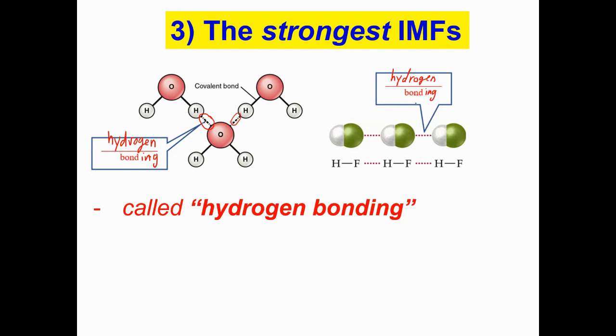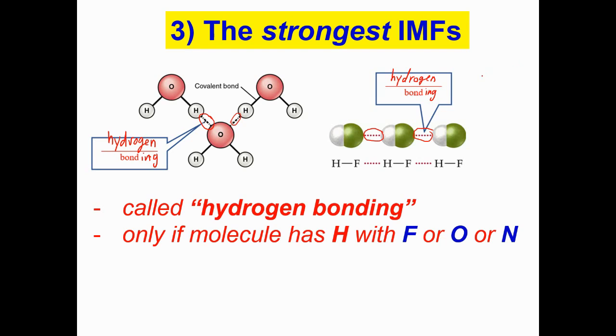The hydrogen bonding is not inside these water molecules. It is the attractions between the water molecules. And in this case, with hydrogen fluoride, HF, the hydrogen bonding is the IMFs, or the attractions between the molecules. It's not the bond of the hydrogen in the molecule. That's why this name is confusing.